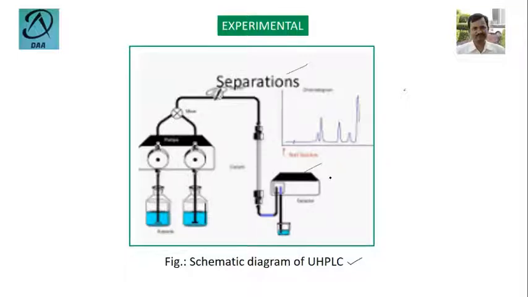And it is ultra high performance liquid chromatography, because when you need a very small amount of sample to separate, but the analyte is very low in amount, then you need a special type of column, and its stationary phase diameter will be very, very small.